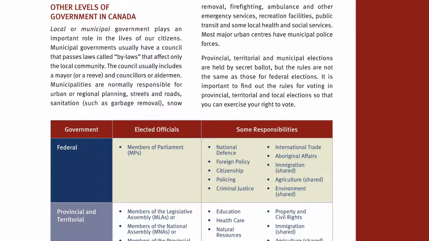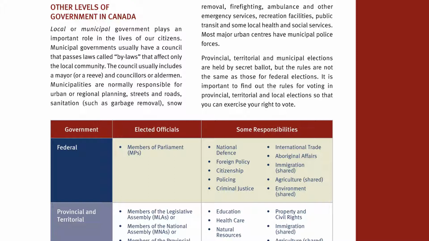Municipalities are normally responsible for urban or regional planning, streets and roads, sanitation, such as garbage removal, snow removal, firefighting, ambulance, and other emergency services, recreation facilities, public transit, and some local health and social services. Most major urban centers have municipal police forces.